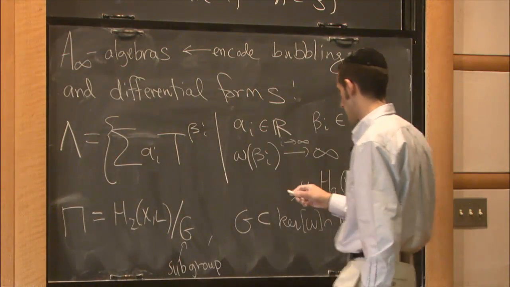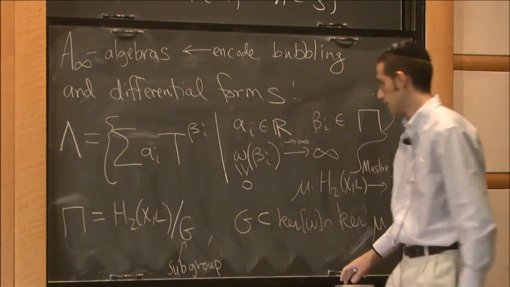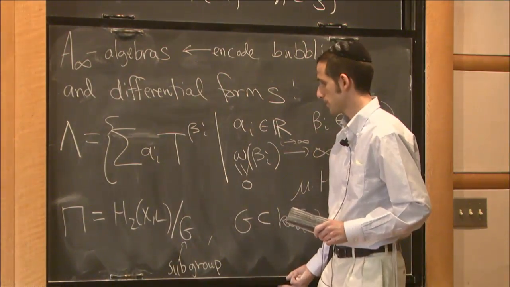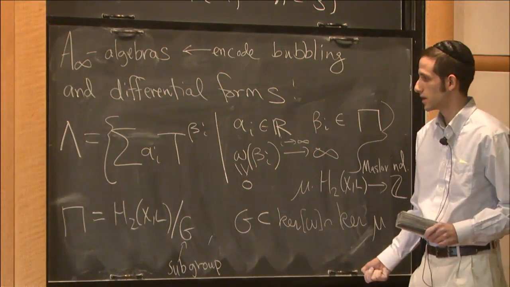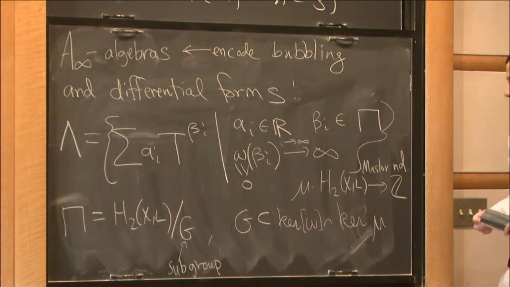And I want to say that it is also always greater than or equal to 0. So this is a kind of Novikov ring. Okay, so this is Lambda greater than or equal to 0? Yeah, Lambda plus or something.